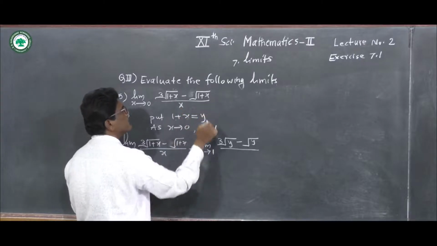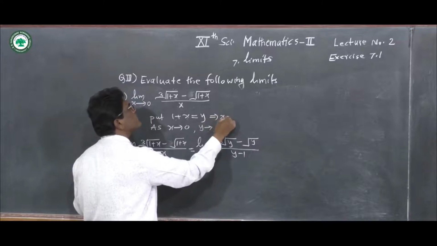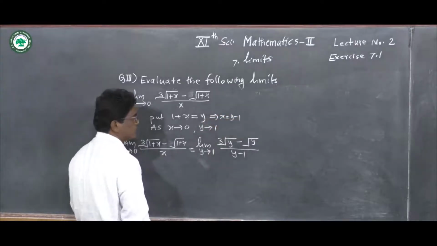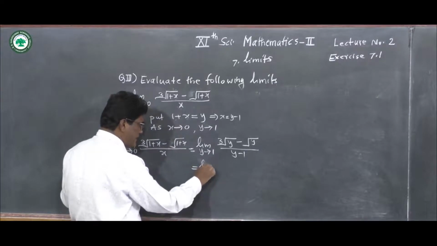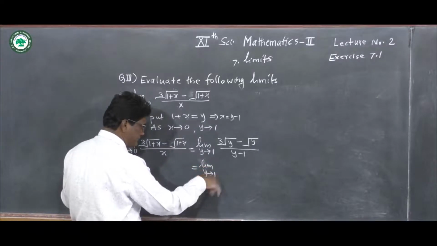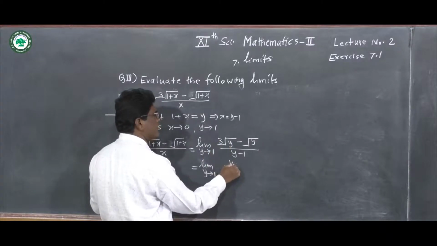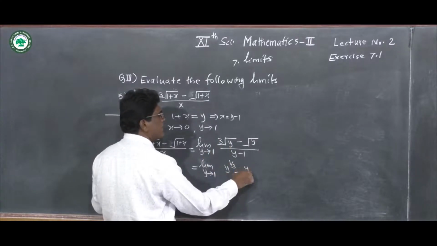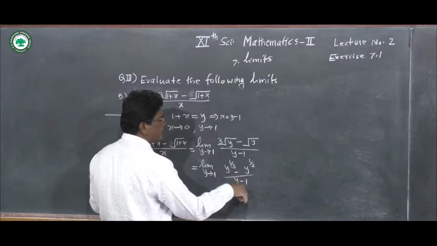So y minus 1. Now it is equal to the limit as y tends to 1 of the cubic root of y, meaning y to the power 1 by 3, minus y to the power 1 half, divided by y minus 1.